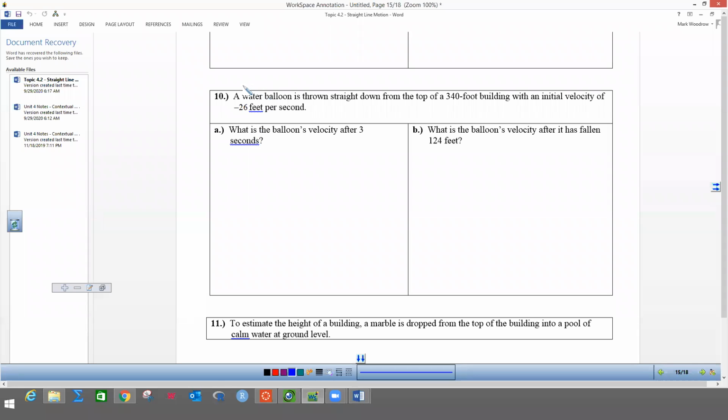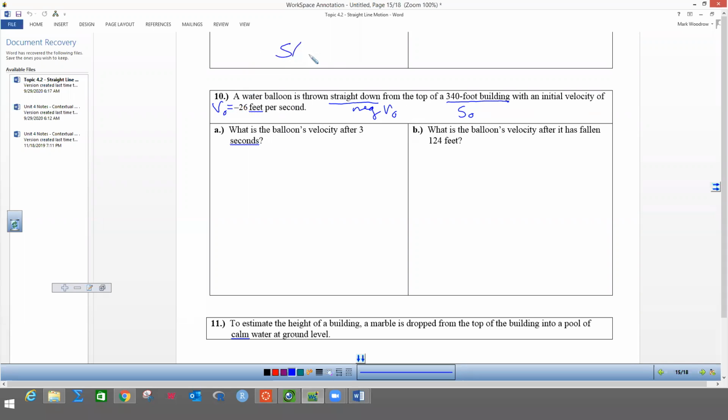All right, so worksheet 4.2, number 10: a water balloon is thrown straight down. Straight down is telling me this is going to be a negative V sub 0 from the top of a 340-foot building. So this is my S sub 0 with an initial velocity of negative 26 feet per second.